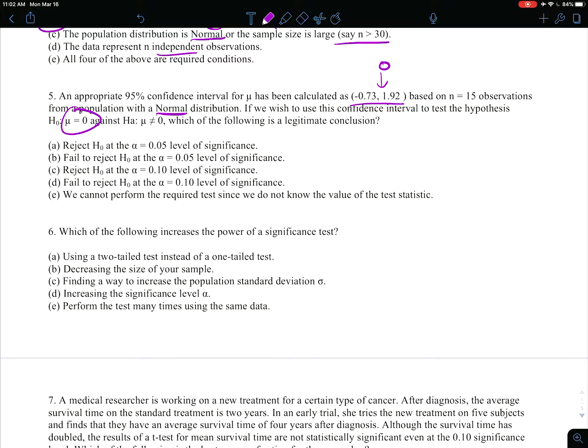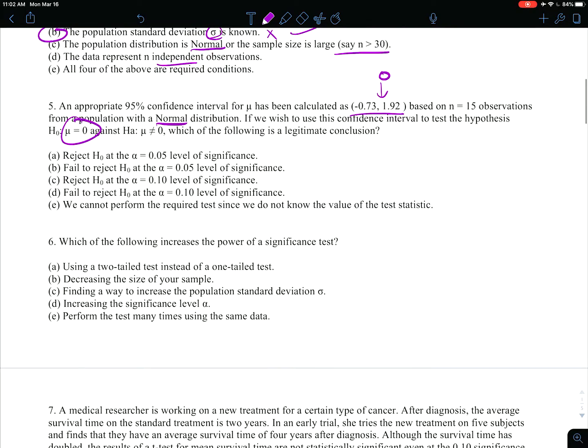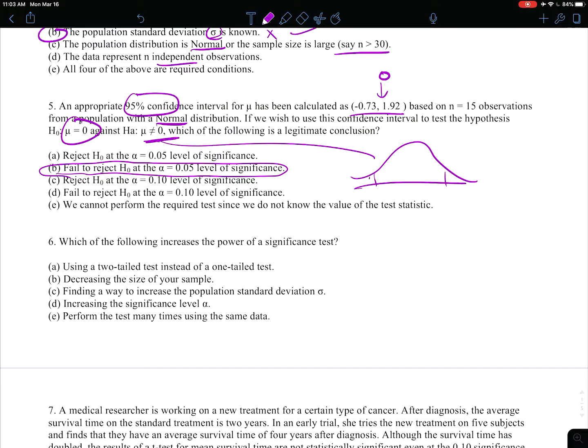So, since it does not fall outside, this is kind of like the previous problem, problem 3, we lack the evidence against it here in number 5. So this is a fail to reject situation, and specifically it's fail to reject at the 5% level, because a 95% confidence interval is going to have 5% in the tails, and because it was a two-sided test here, we would reject anything that's far enough in the tails. So a 95% confidence interval is analogous to the 5% alpha level.